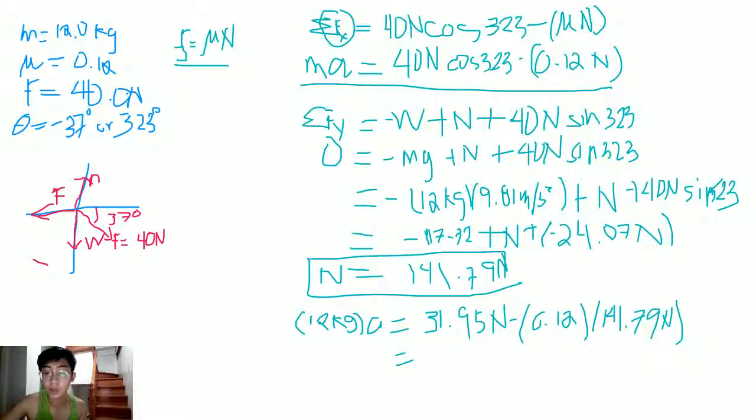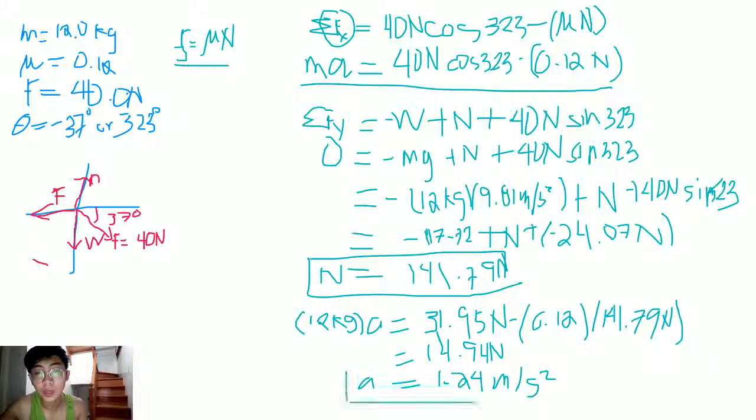That will be 14.94 N. So solving for A, all over 12 kg. So 14.94 divided by 12 kg, that would be 1.24 m/s squared. So, nasolve na natin si ating A and ating N.